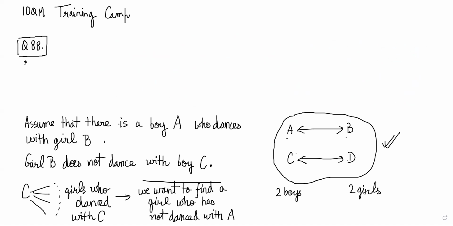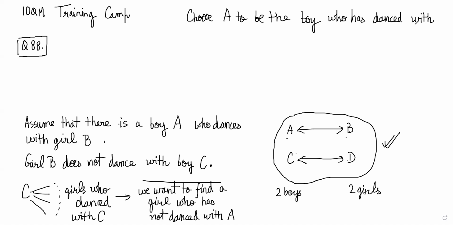So right now I'm going to choose A to be the boy who has danced with the lowest number of girls. How does that help us? Let's think about it.